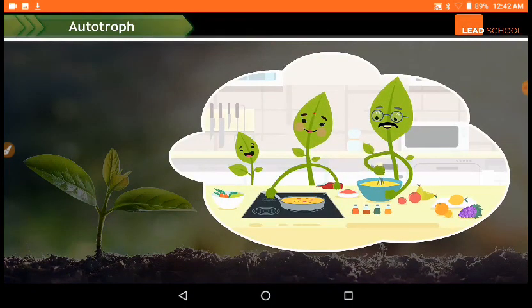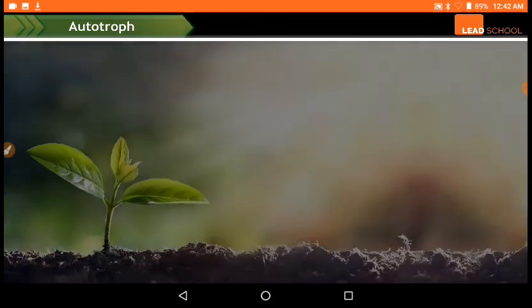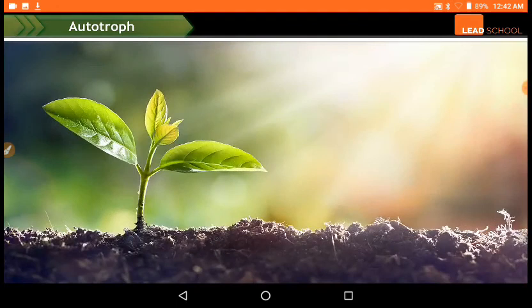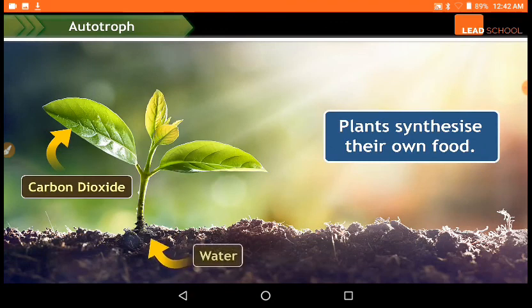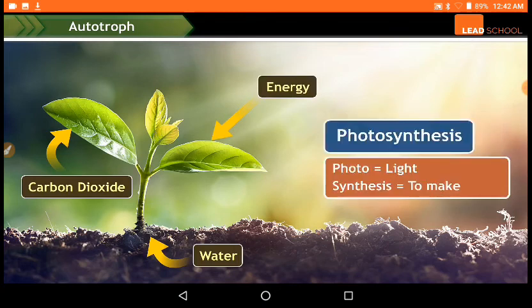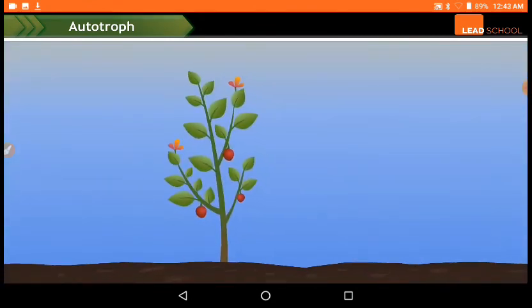Do they make their food the way our parents cook in the kitchen? No. What they do is they synthesize their own food using carbon dioxide from the air, water from the soil, and energy from the sun. This process is called photosynthesis. So, how does photosynthesis work?